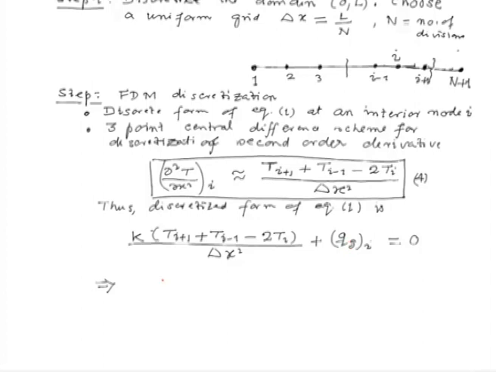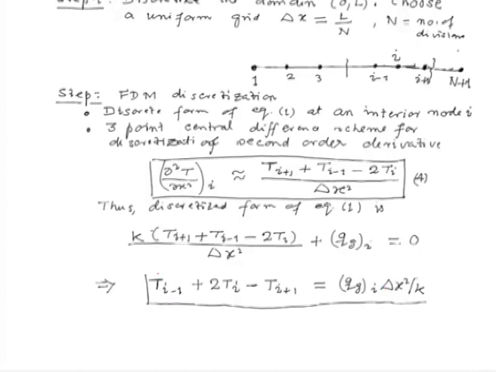So, if you do that, we will get minus T of i minus 1 plus 2 Ti minus T of i plus 1 is equal to Qg of i delta x square divided by k.